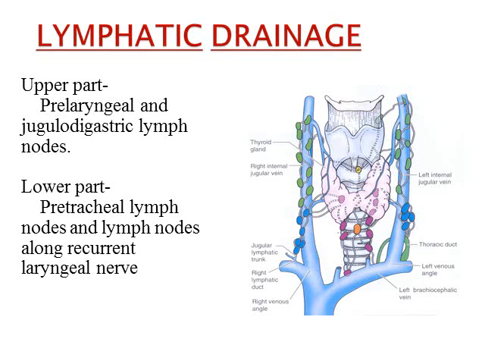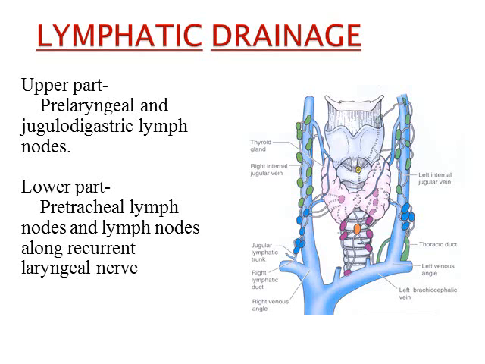Then regarding the lymphatic drainage of the thyroid gland. Around each thyroid follicle, there is a lymphatic plexus. From the upper part of the gland, it drains into the jugulodigastric lymph node and the prelaryngeal lymph node.